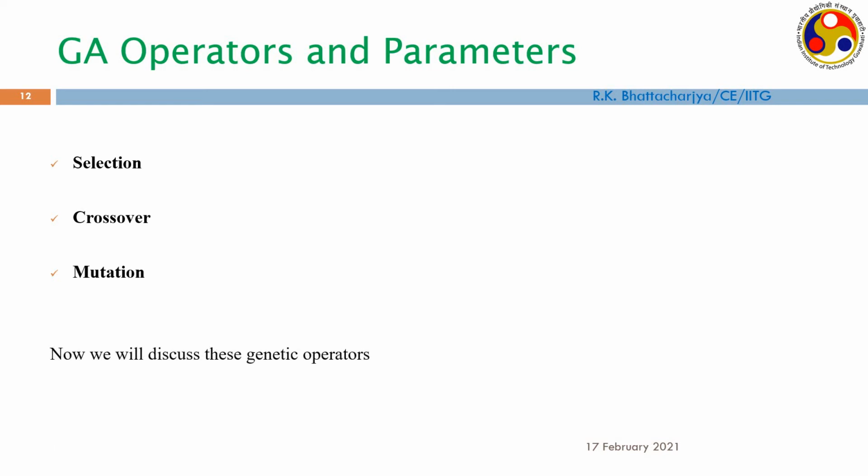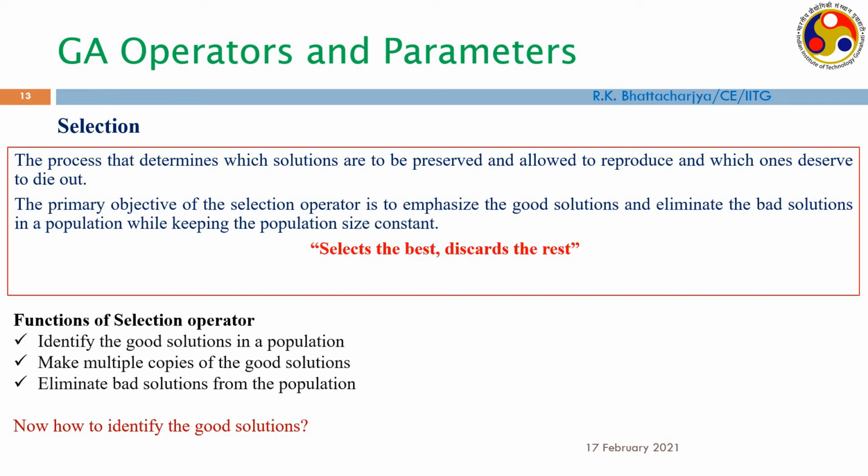Now we'll discuss these genetic operators one by one. The first one is the selection operator. Where does it come from, and what is its function? The selection operator comes from Darwin's principle: select the best, discard the rest.